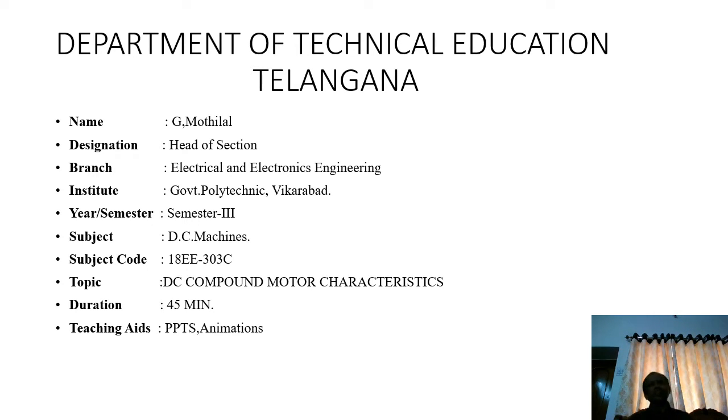And third condition, in case of the DC series motor, for drawing the characteristics, speed versus armature current. EB is equal to pi Zn by 60 into P by A. N is directly proportional to EB by pi, but EB is equal to V minus IA RA plus RAC.